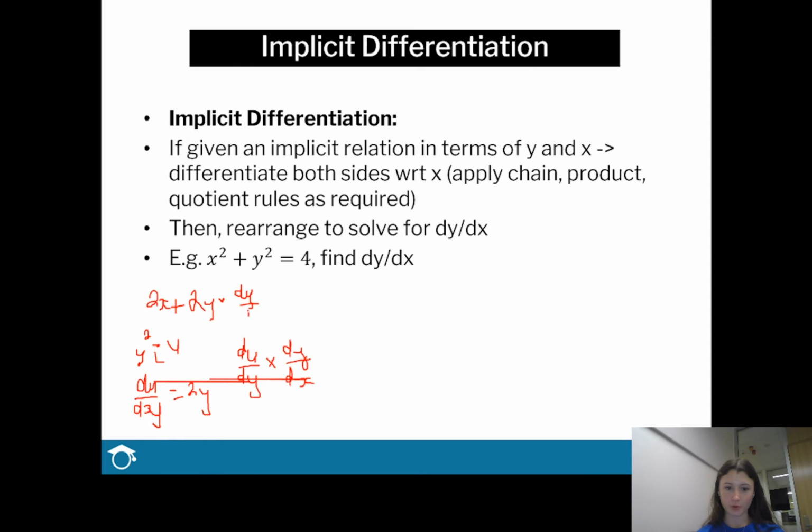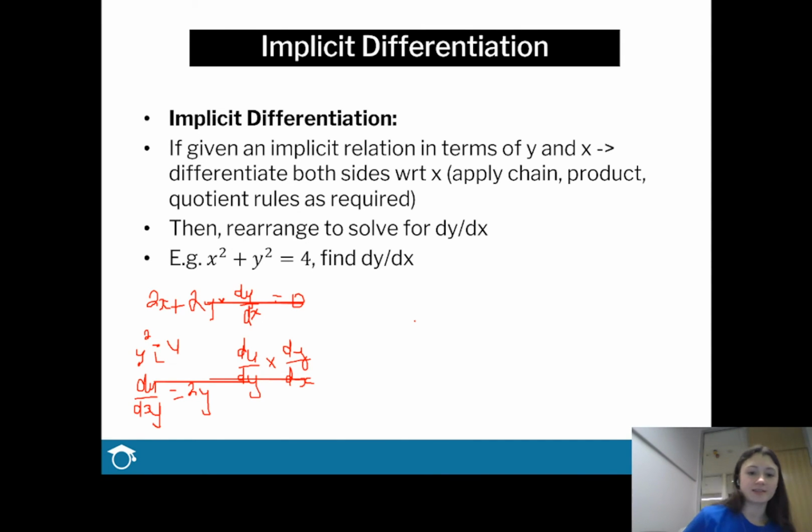And if you are familiar with these questions, you'll recognize that what we're really doing is just deriving the y term with respect to y, and then chucking a dy dx at the end, which is an easy shortcut once you get used to it. And then obviously the derivative of 4 with respect to x is 0.